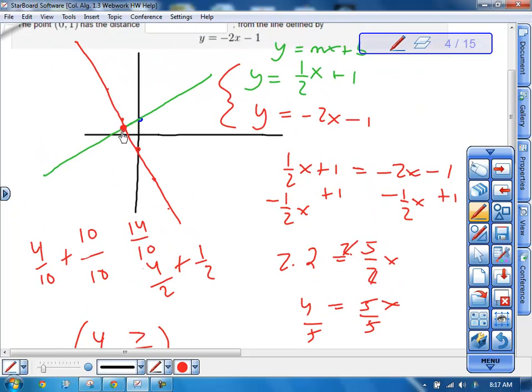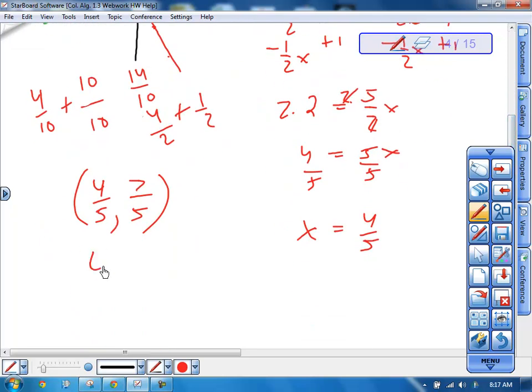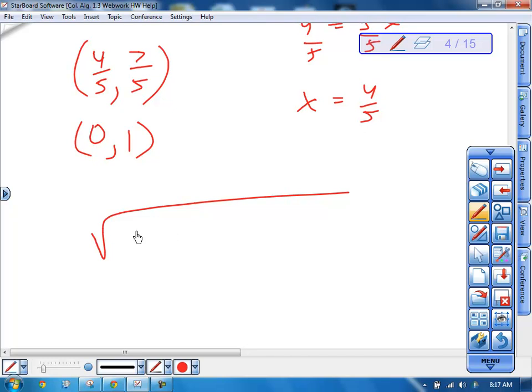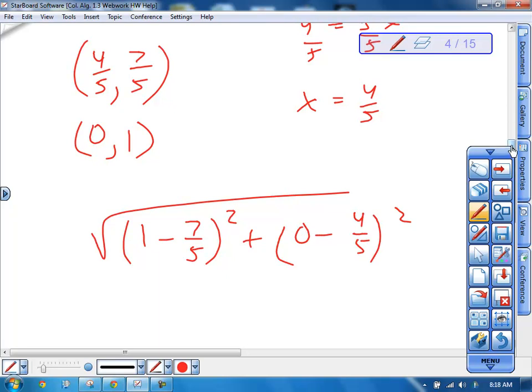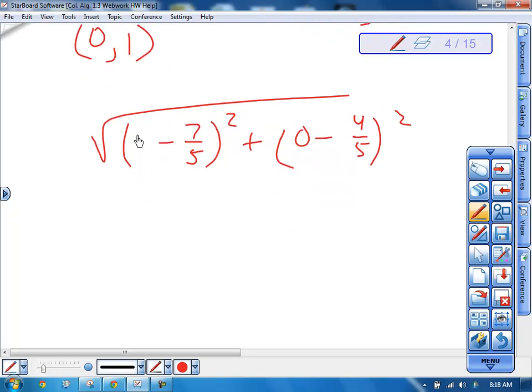And I need to find the distance from that to the point (0, 1). So to do that, I'm going to use the distance formula. The distance formula is the difference of the y, so I have 1 minus 7/5 squared, plus the difference of the x is 0 minus 4/5 squared, all square rooted. So I'll make a common denominator, make this 5 over 5.